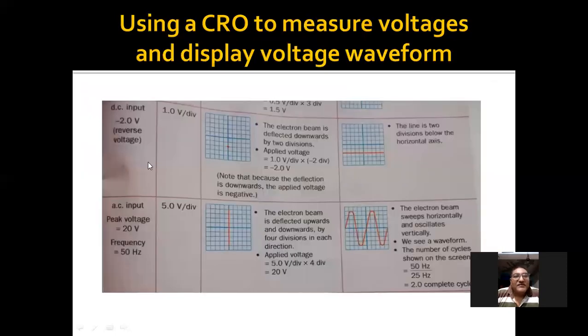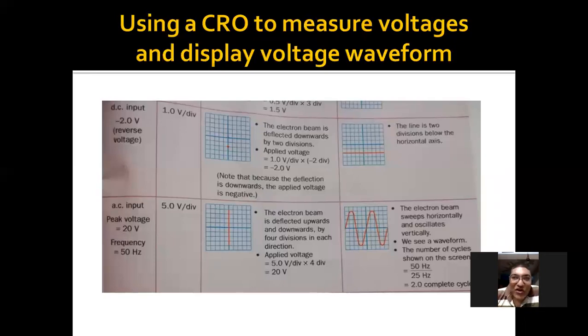Here we have again connected a DC input, and this time I have connected a negative 2.0 volt. The setting of the Y gain, or the y-axis scale, is 1 volt per division.